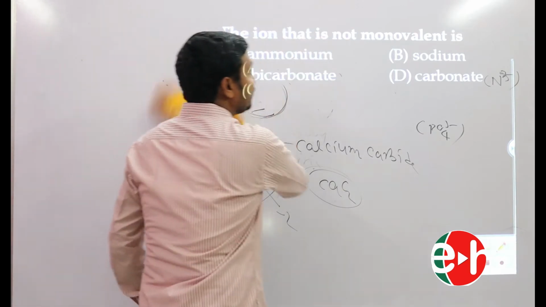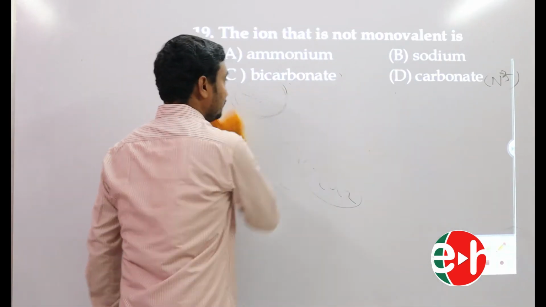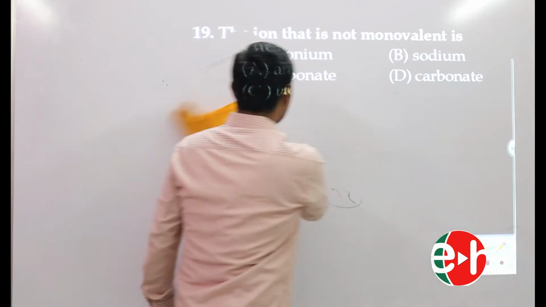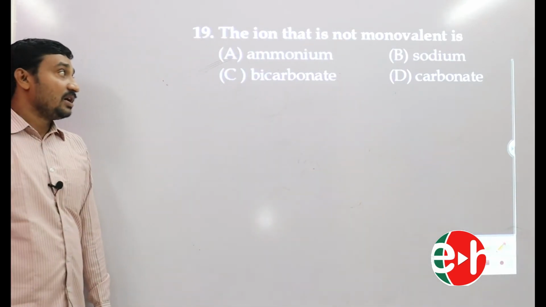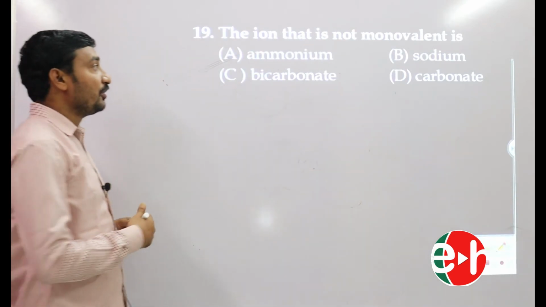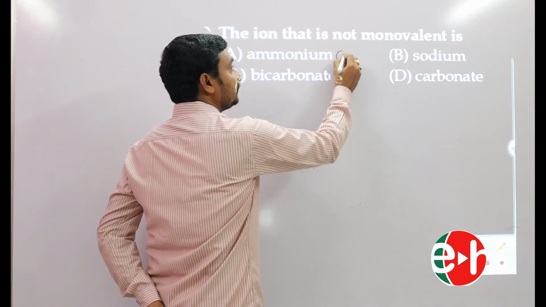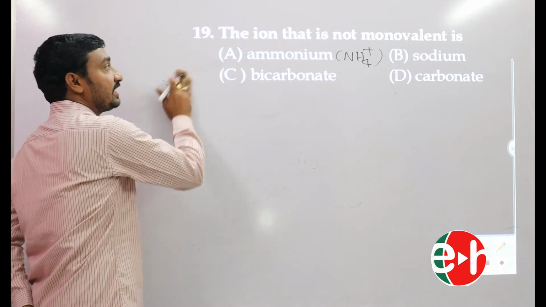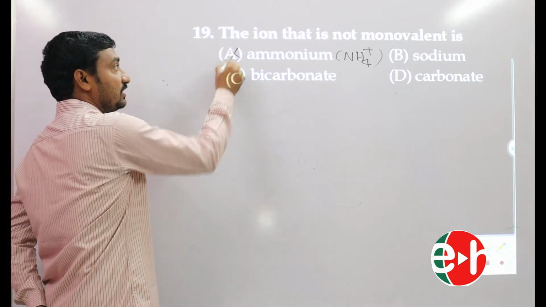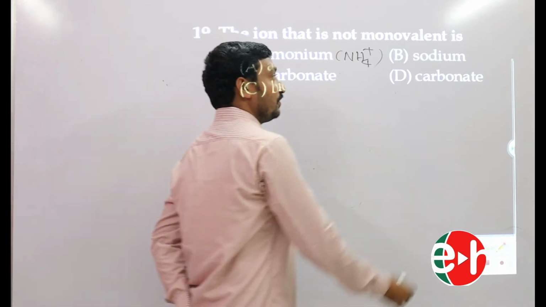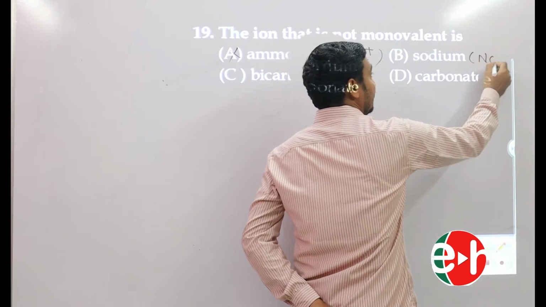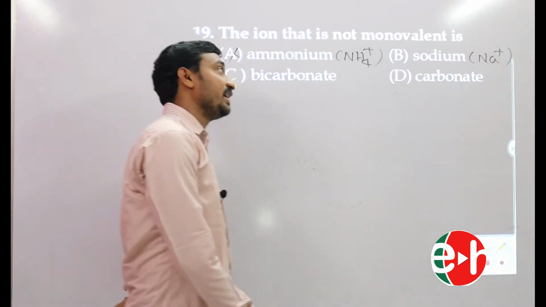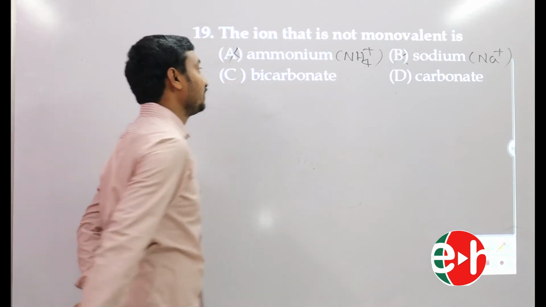The ion that is not monovalent, check. Ammonium, we know the formula of ammonium, NH4 plus. This is monovalent, but asking not monovalent, so this option is wrong. Sodium, Na plus is monovalent, so this is also wrong.